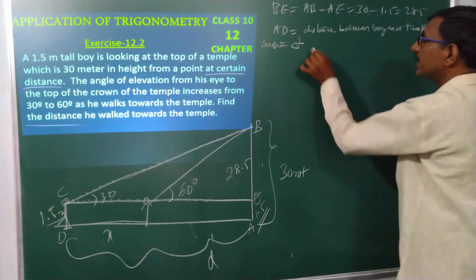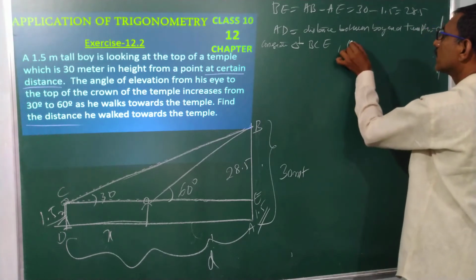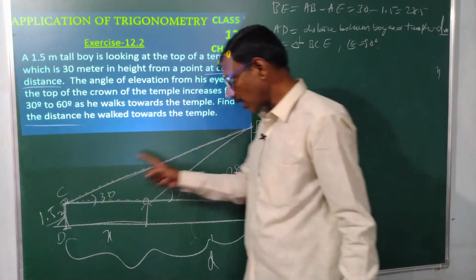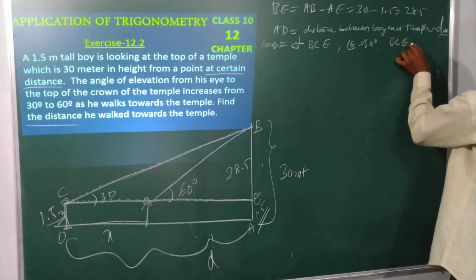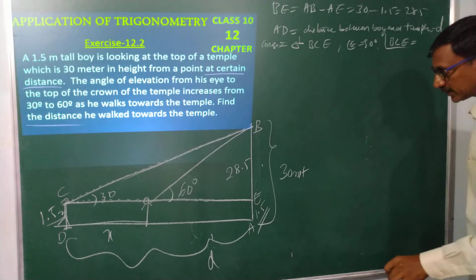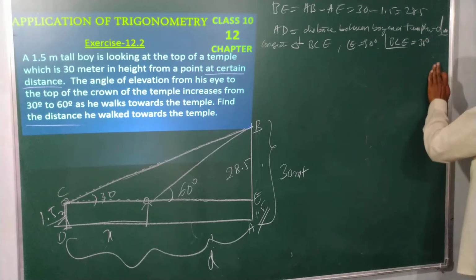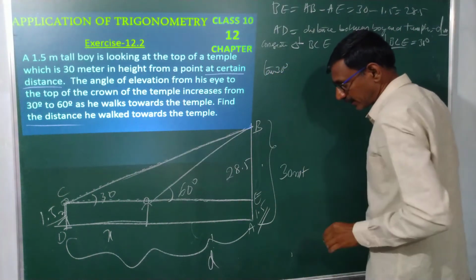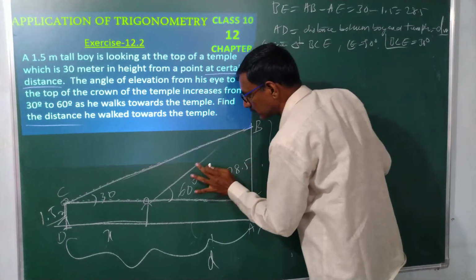At E it is 90 degrees, and this is my angle of elevation, angle BCE. How much is the angle of elevation? 30 degrees.